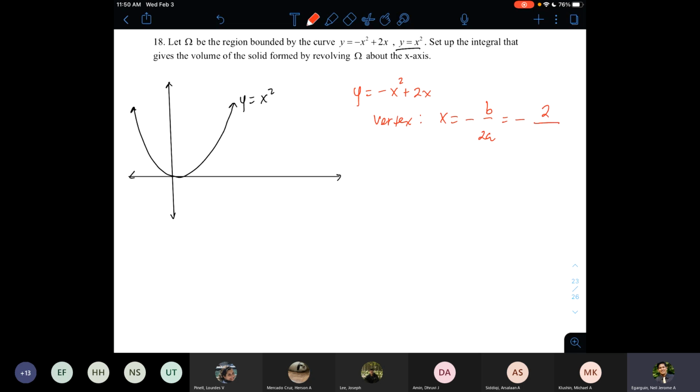A is the coefficient of x squared, so that's negative 1. So here we know that the vertex is at x equals 1. When x is equal to 1, what would be y? That would be negative 1 plus 2, so that's going to be 1. Luckily that's also equal to 1, so that's the vertex.